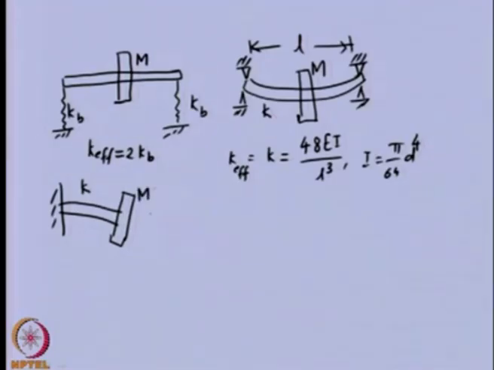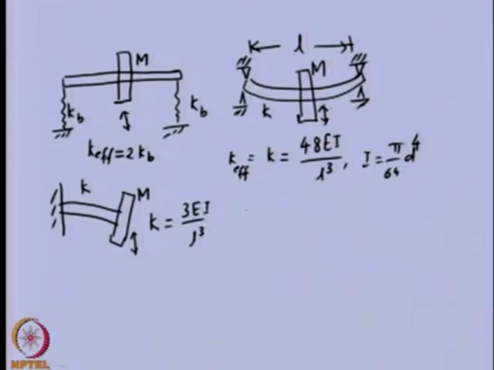In this case, the stiffness is given as 3 EI by L cube. In all these 3 cases we are looking at the up and down motion of the masses, which we call transverse vibration.